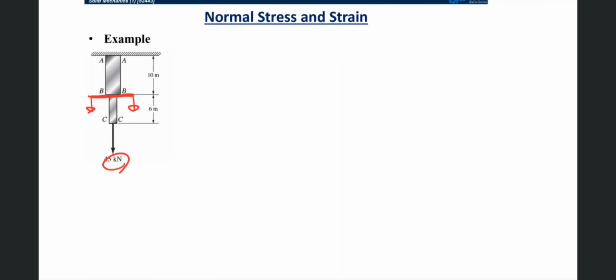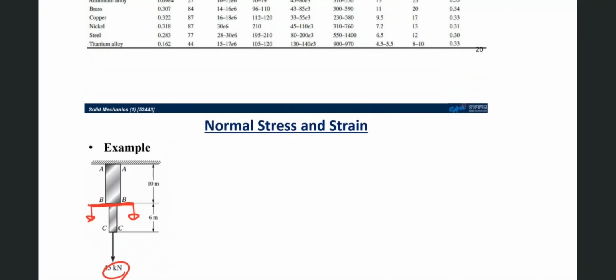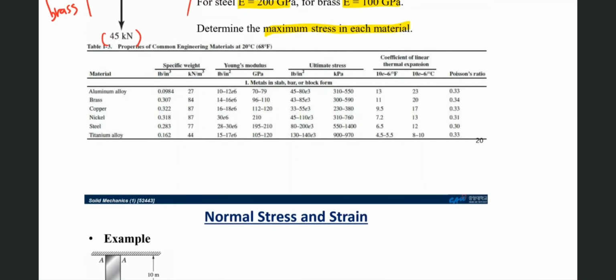So we have to find the specific weight of the brass bar. Using this table, for brass the specific weight is 0.307 pounds per cubic inch, and in SI units, 84 kilonewton per meter cubed.